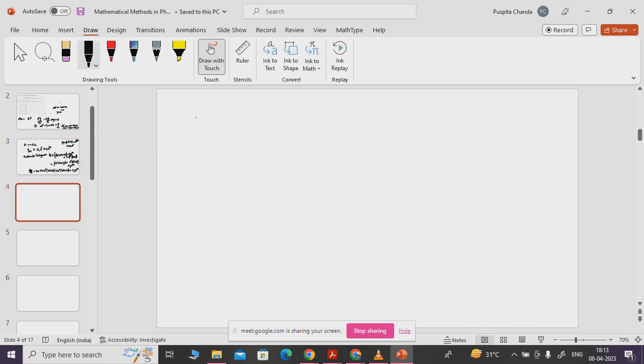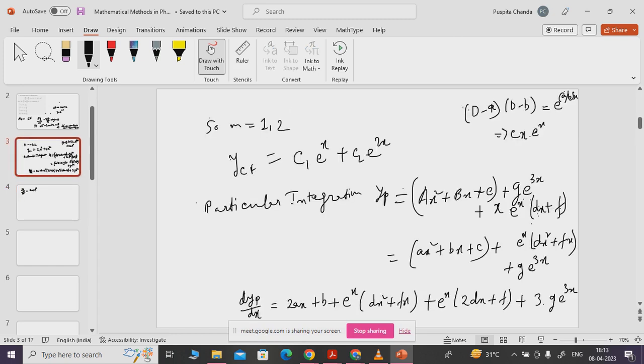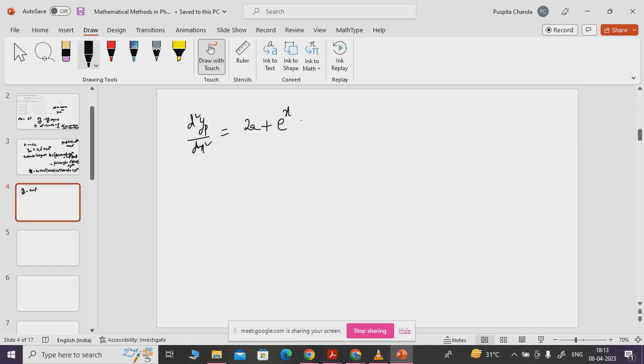Then d square yp/dx square will be 2a plus 0 plus e to the power x (dx square plus x f plus 4dx plus 2f) plus 9g e to the power 3x.